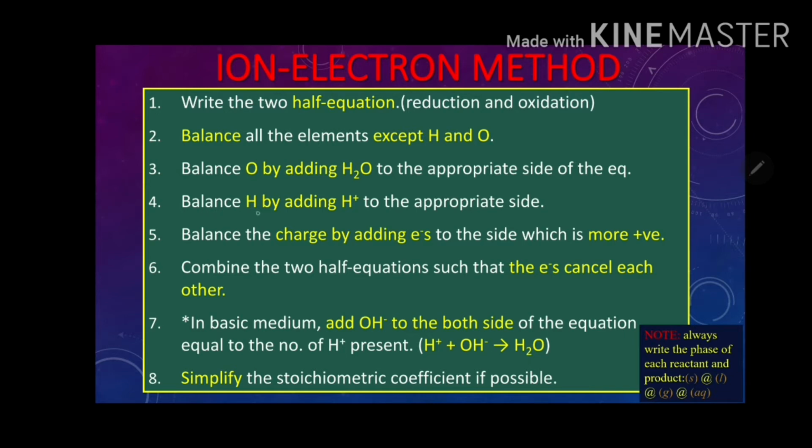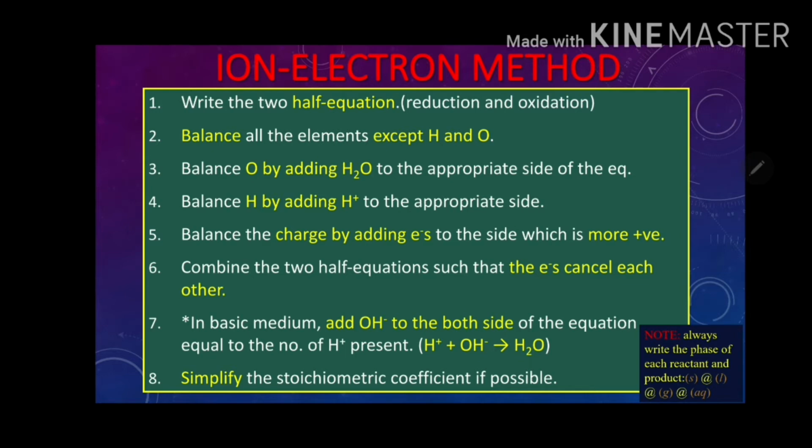and balance hydrogen by adding H plus to the appropriate side. Next step is balance the charge by adding electrons to the side which is more positive. So I will discuss more about this when we do example.